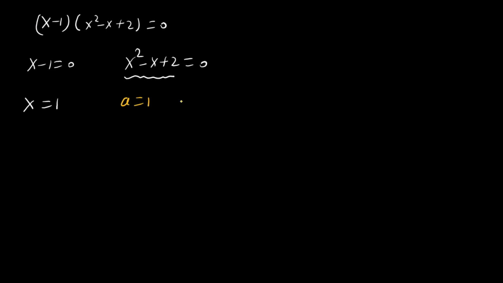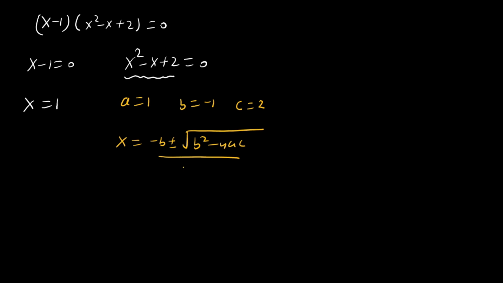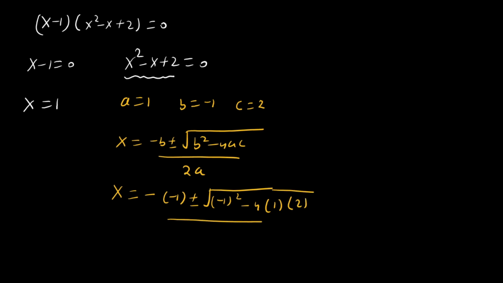The value of a is 1 and the value of b is minus 1 and the value of c is 2, and the quadratic formula is minus b plus minus square root of b² minus 4ac divided by 2a. Then x equals minus b, replaced by minus 1, plus minus square root of b replaced by minus 1, then here minus 1 squared minus 4, a replaced by 1 and c replaced by 2, and divided by 2 times a replaced by 1.